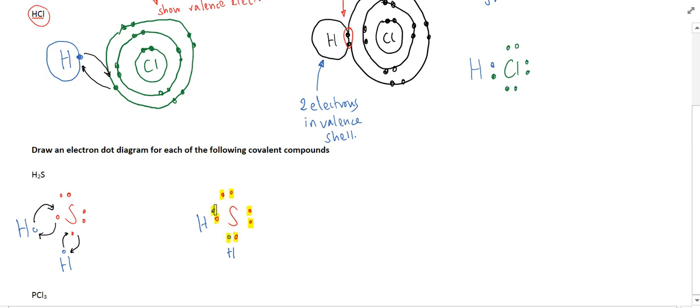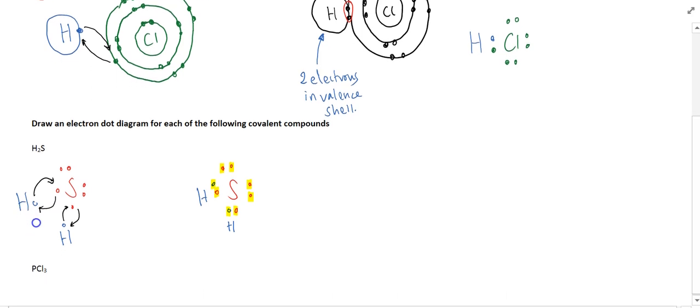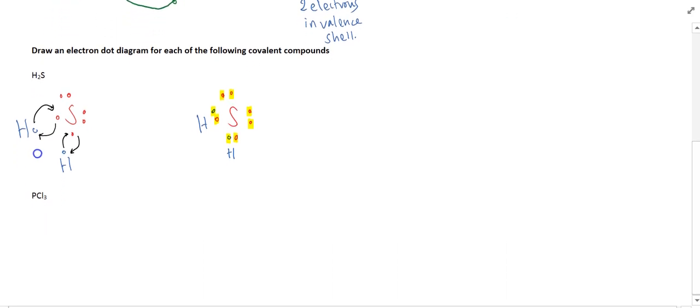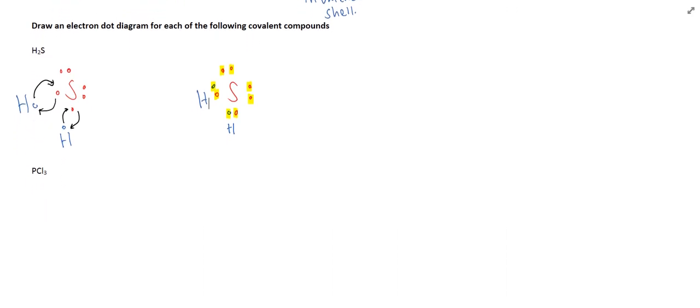So sulfur clearly has a full outer shell. Each hydrogen atom has 2 electrons, which means both atoms of hydrogen have a full first shell as well. So you can see our covalent bonds have enabled all the atoms to obtain octets once again, or full outer shells once again.